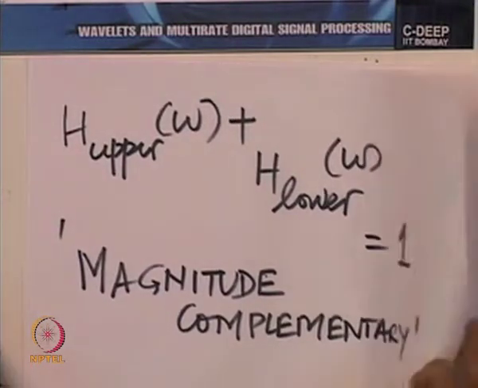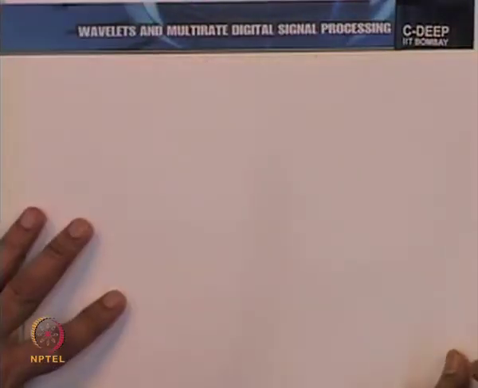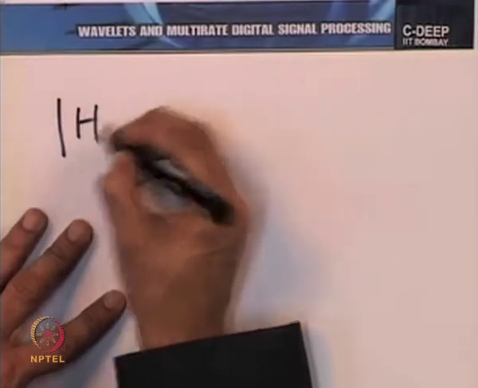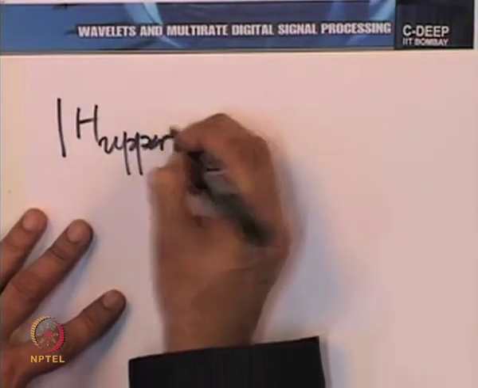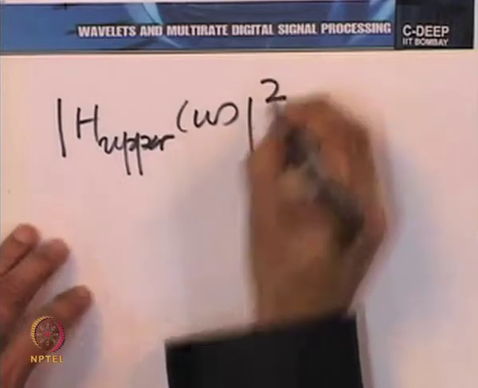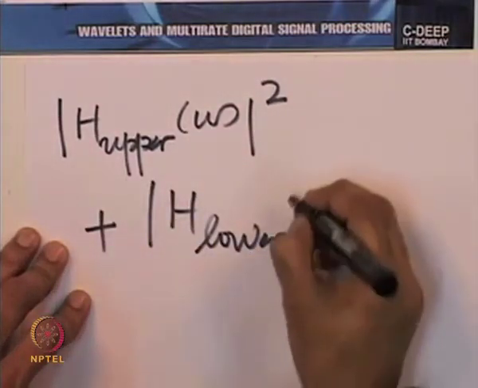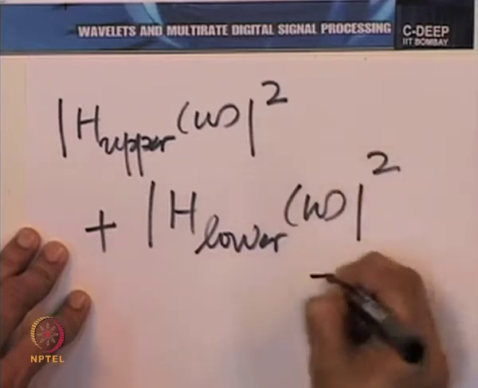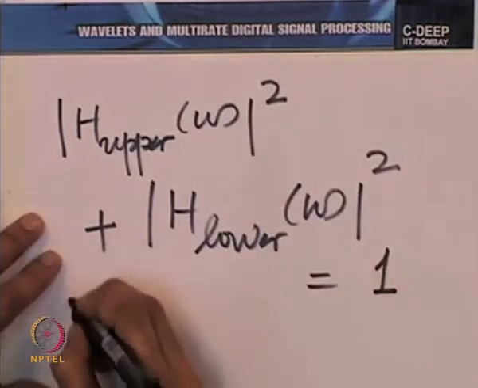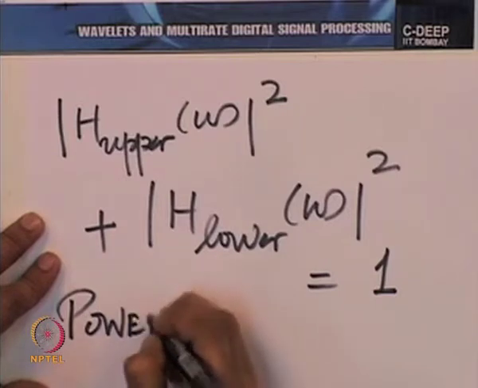And in addition, mod H upper omega squared plus mod H lower omega squared is identically equal to 1. This is called the power complementary property.